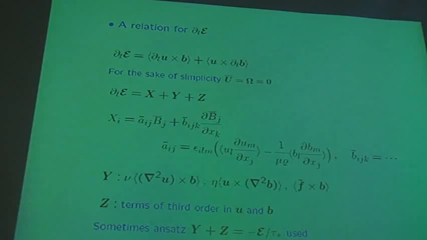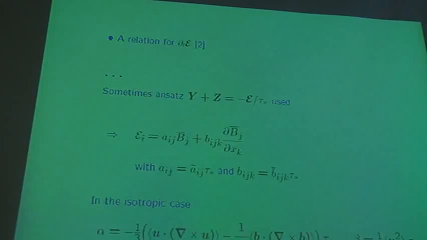If you use this ansatz for E, you can immediately conclude that your electromotive force has this structure. No higher order terms, according to the derivation I showed you.